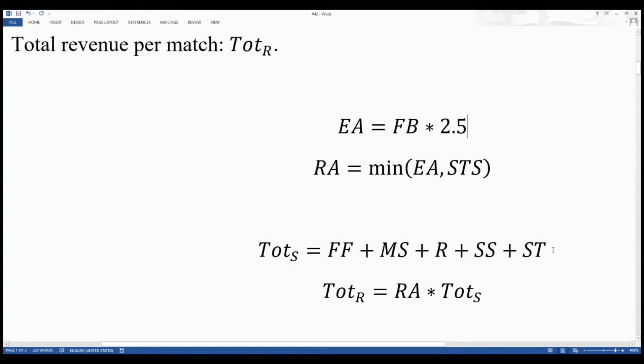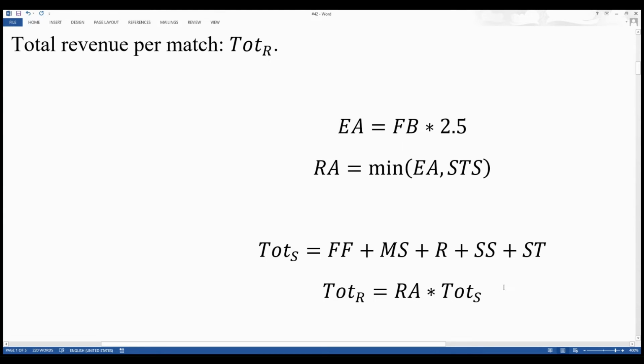But I added the stadium, which is the money you get from each ticket you sell. Here we have the total revenue, which is the real attendance we calculated here, multiplied by the total we make per supporter. I hope it's clear so far. This is the amount of money we make every match.